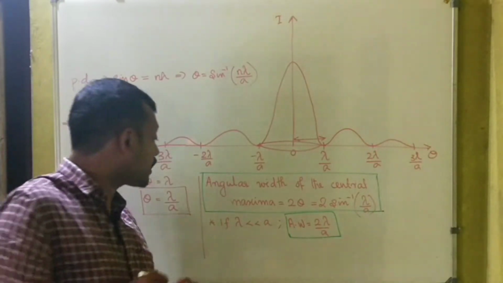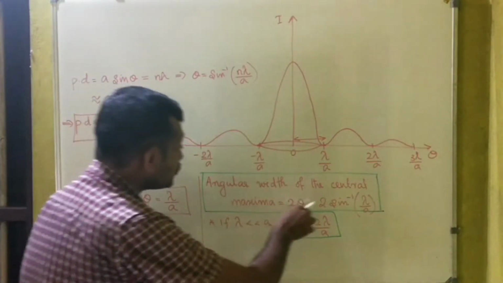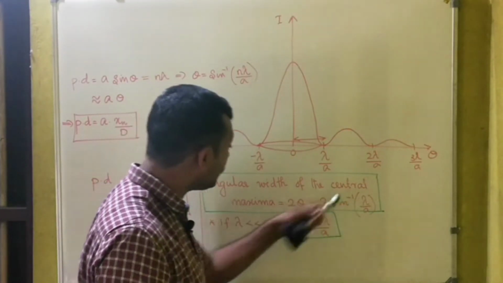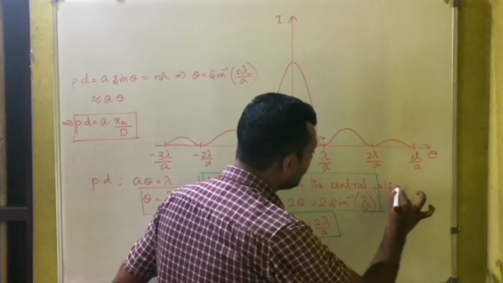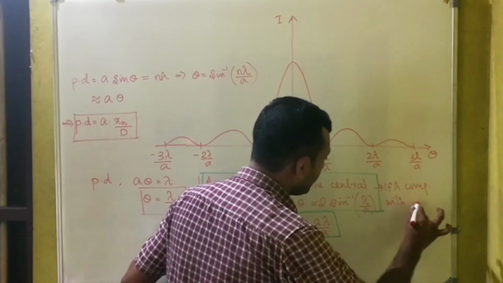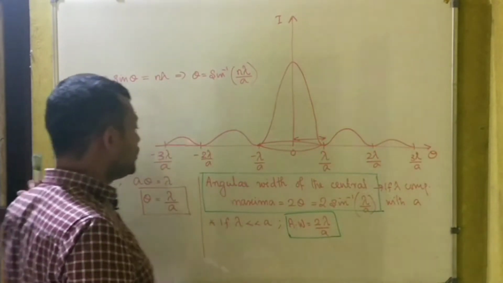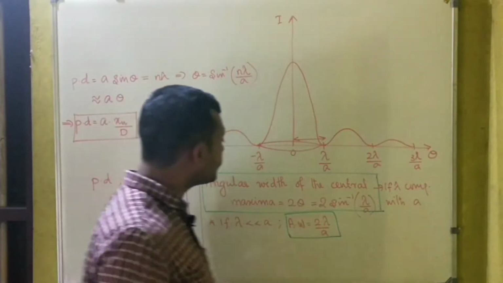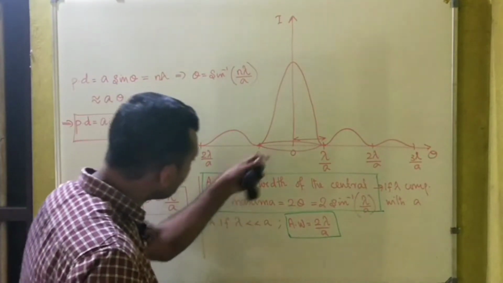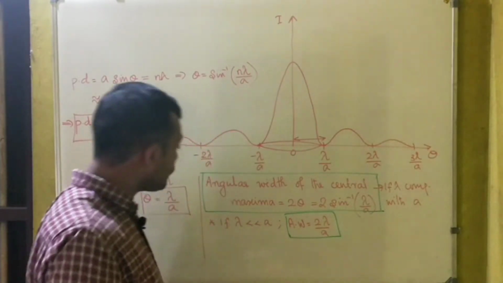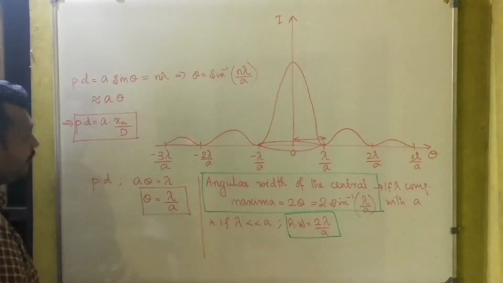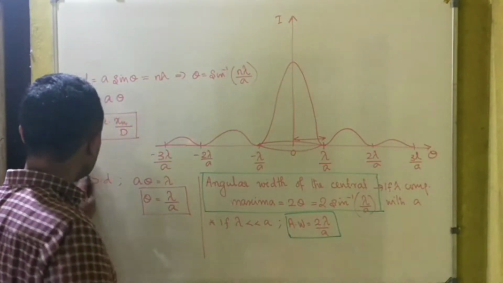Otherwise, if lambda is comparable with a, you are supposed to take the angular width of the central maxima as 2 sin inverse lambda by a. This is very, very important. For small lambda you can take it directly as 2 lambda by a. Ready? That is the first aspect.